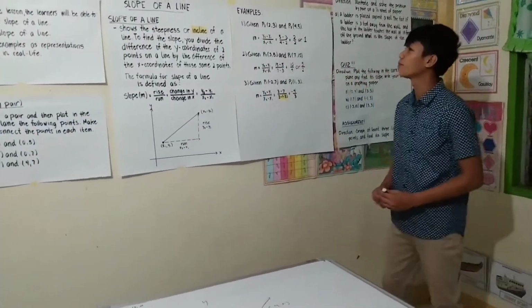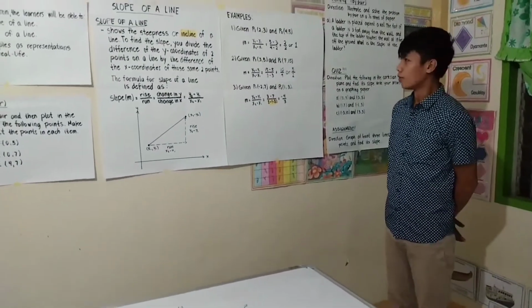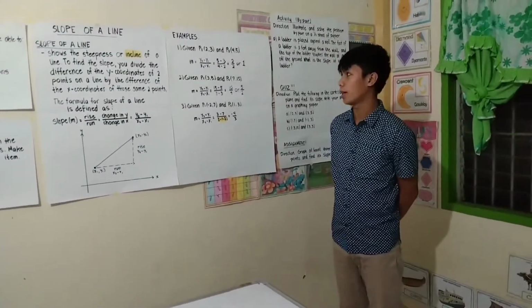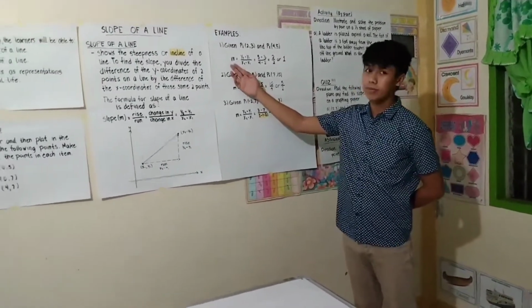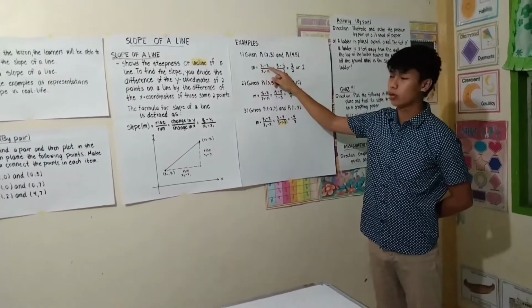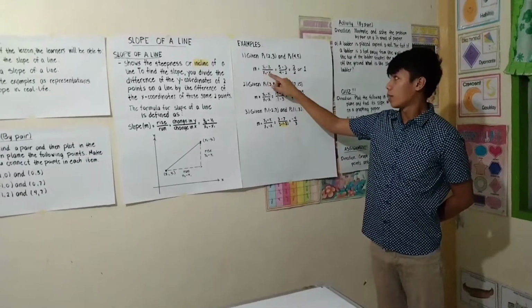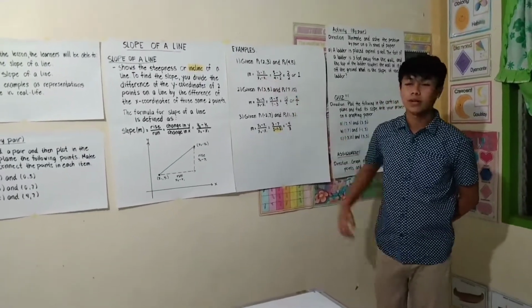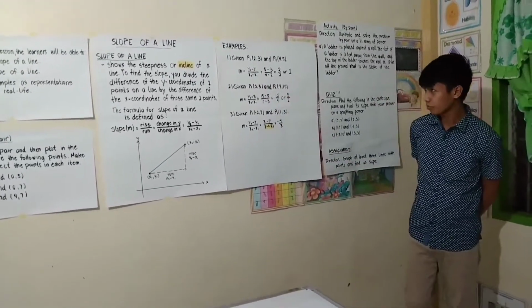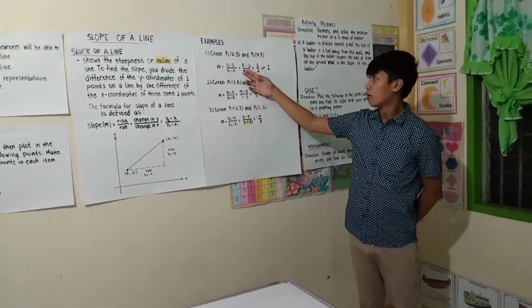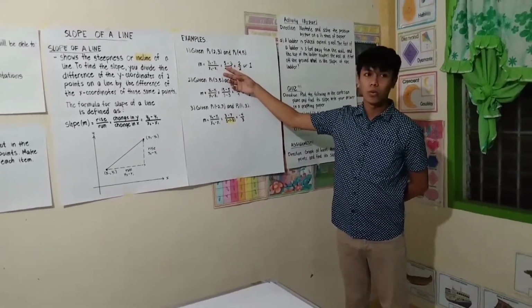So the formula for finding the slope of a line is this. m is equal to y sub 2 minus y sub 1 over x sub 2 minus x sub 1. Now, what is our y sub 2?